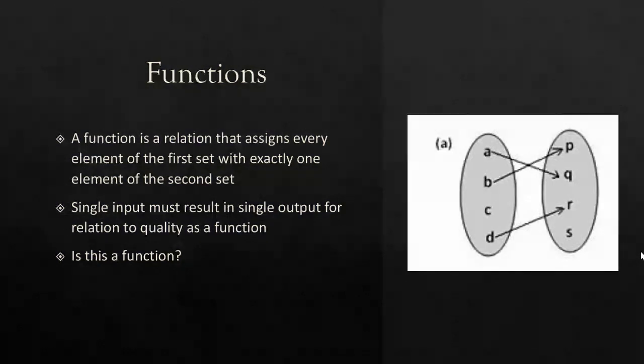Go ahead and put it in the chat if you think it qualifies as a function. I would say this does not qualify as a function, as you see that C does not have an output.